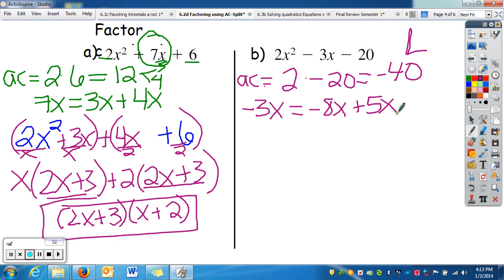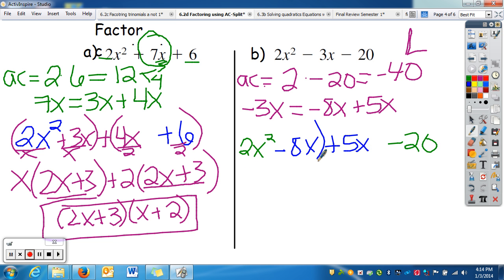So again, I'm going to rewrite. I have 2x squared. I keep that the same. I keep my c term the same. And then I'm going to replace the middle. So instead of negative 3x, I have negative 8x plus 5x. Then I group and factor out what's in common.